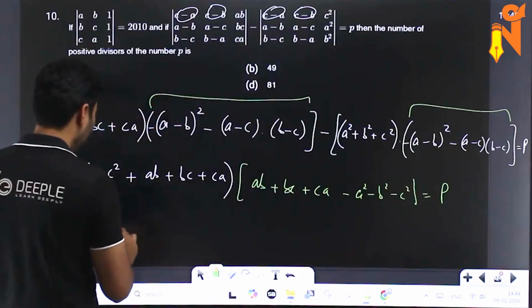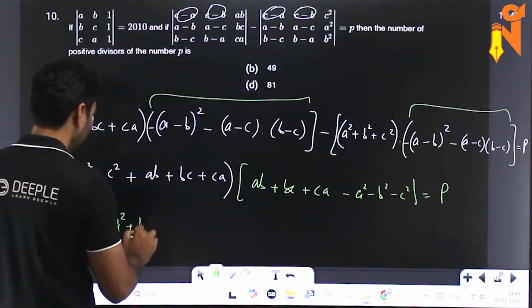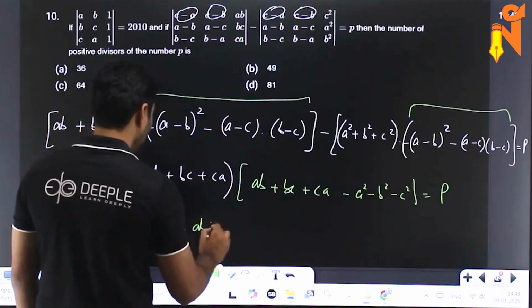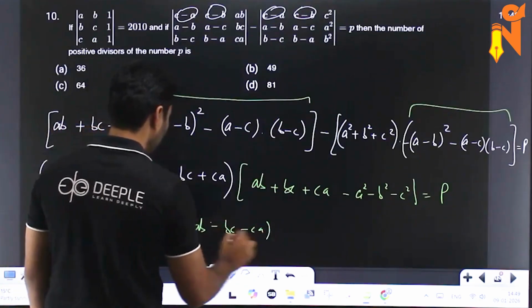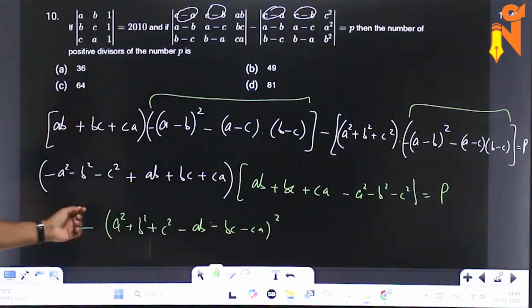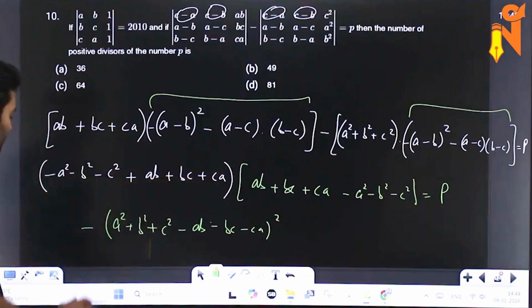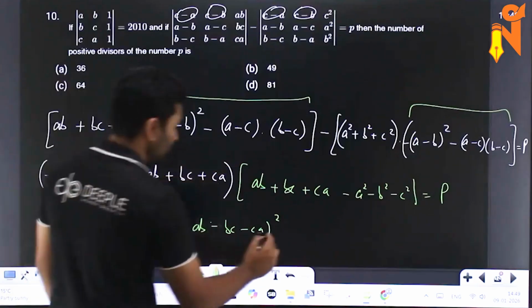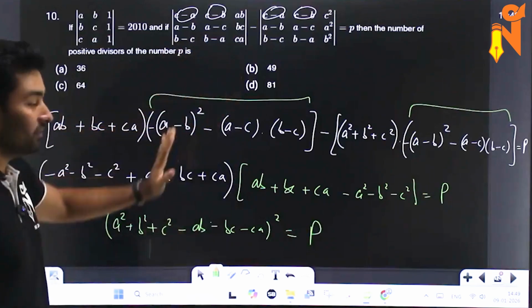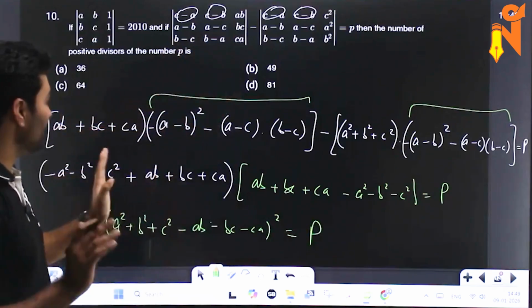So basically A square plus B square plus C square minus AB minus BC minus CA, whole square, because I am taking minus common here and minus common here, so minus minus plus, whole square is equal to P. So I found this value very easily, and this was a very simple step.